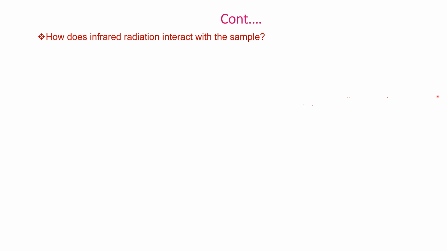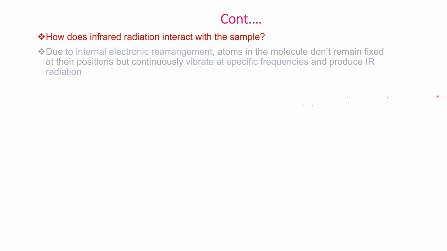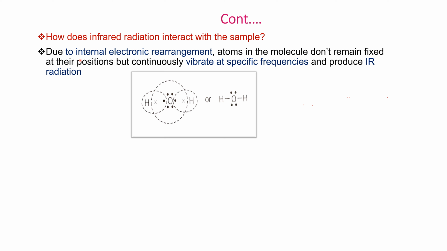How does infrared radiation interact with the sample? Due to internal electronic rearrangement, atoms in the molecule don't remain fixed at their positions but continuously vibrate at a specific frequency and produce the IR radiation. When electrons in a bond come nearer to each other, repulsion takes place.